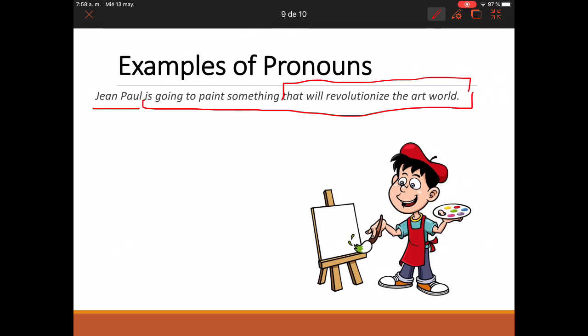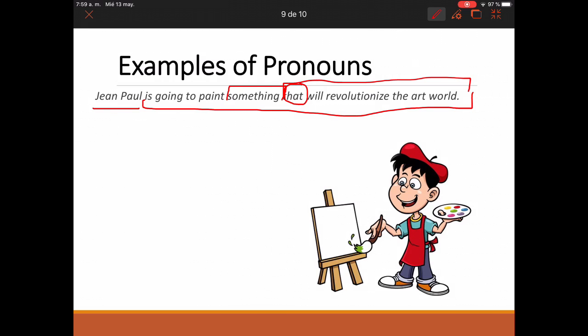Now, another time, to understand if it's a relative clause, remember to do this. Try to read the sentence without the relative clause. Jean Paul is going to paint something. Does it have sense? Yes, of course, so it's a relative clause. So we see that we have a relative pronoun, that. And also we have another pronoun, something.